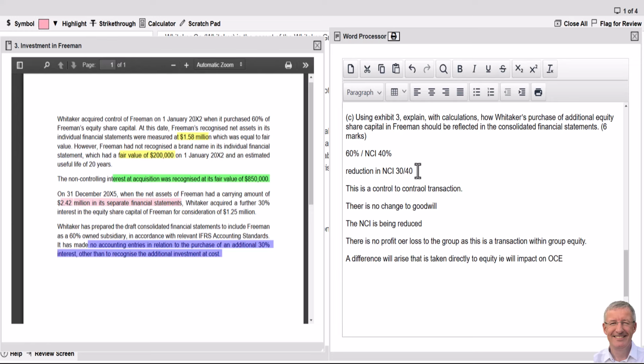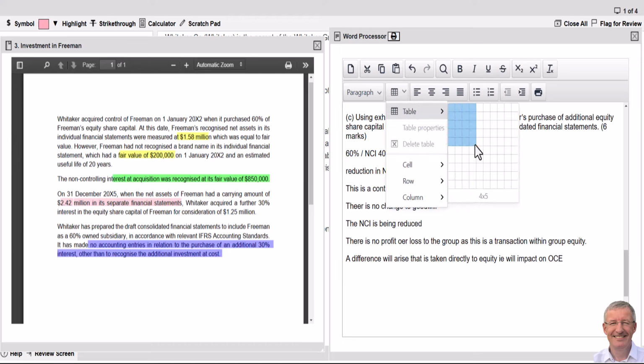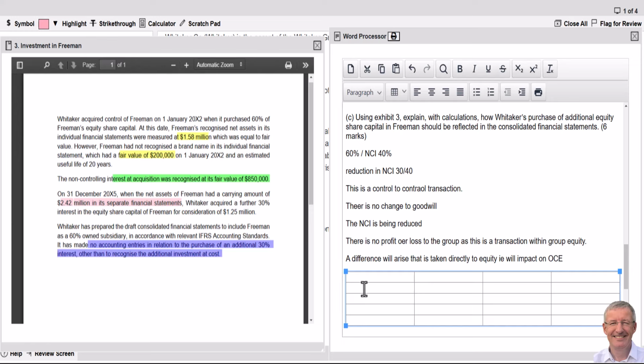Now let's try and work out what that difference is going to be. We know the amount that we have paid, the cash that has gone out. We know the amount that has been paid is 1.25 million. So we know that amount as our starting point.